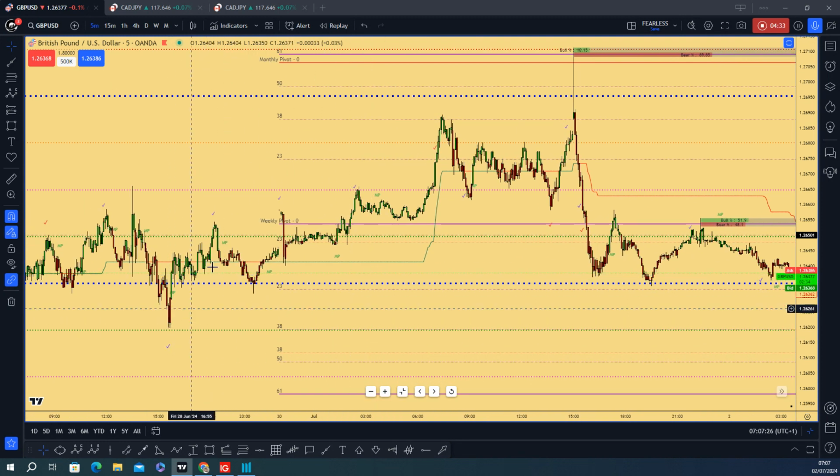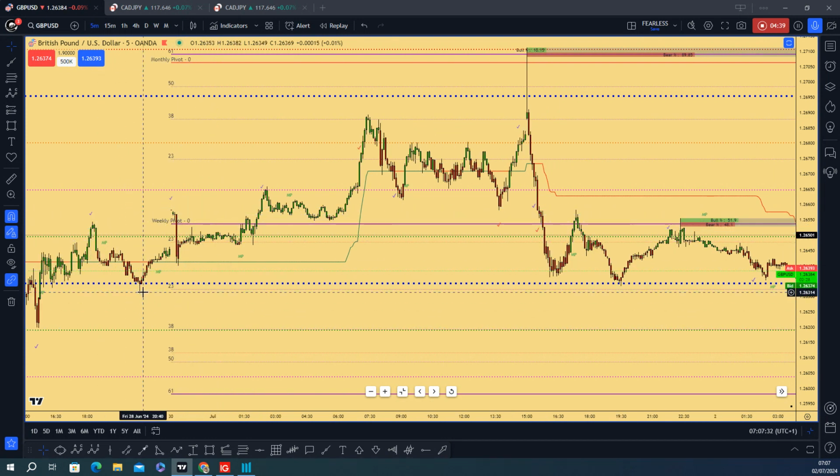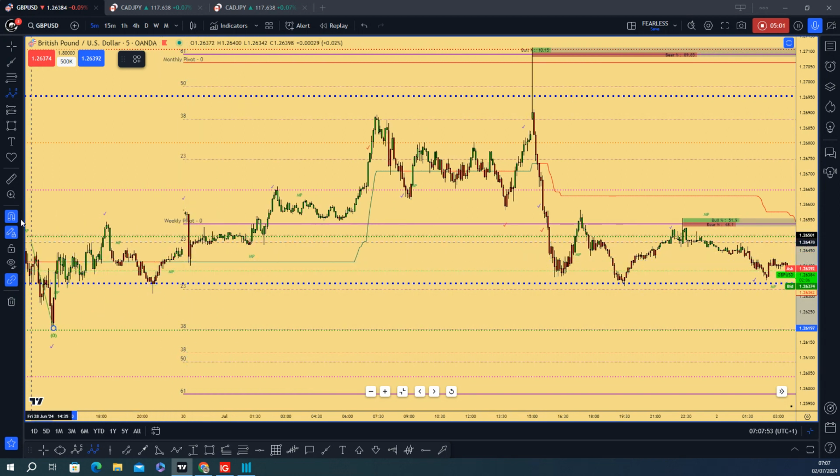What we can see here is this. So we can draw the wave structure from the low. So we have 0 1 2 3 4 and 5, followed by a pullback. Let me draw it out so that we don't miss it. No, there's no structure there.